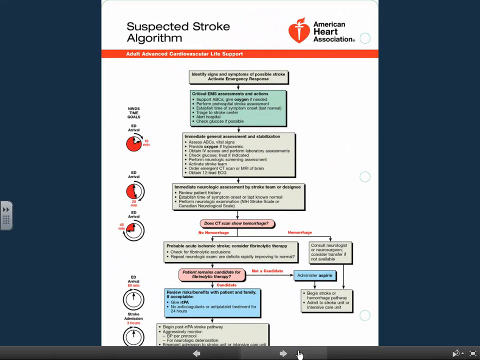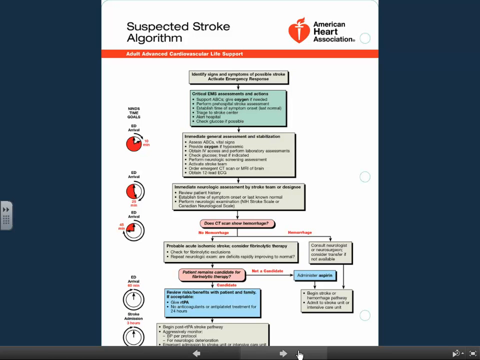And then here's your stroke algorithm. The biggest thing with stroke is going to be identifying the time, all right? And the reason why I kind of threw this in here is because we have to do a lot of the same things with suspected STEMI that we do with CVA. We've got to figure out the time, and are they a candidate for what?